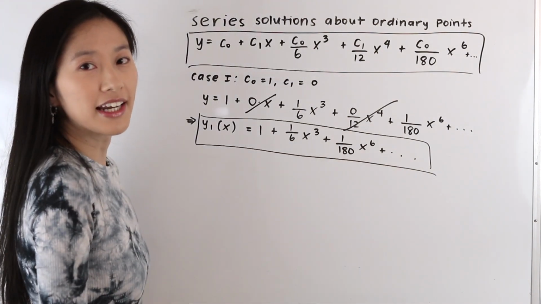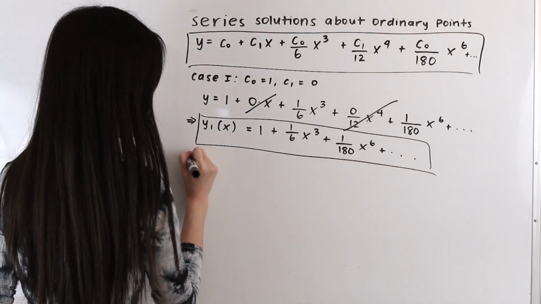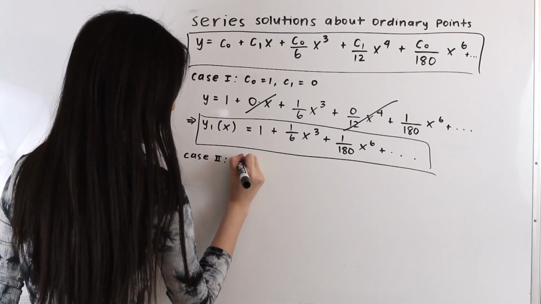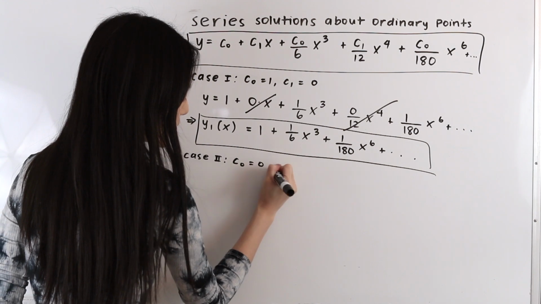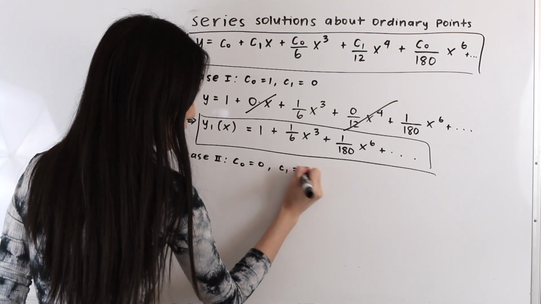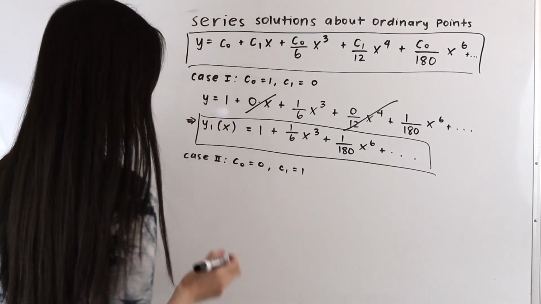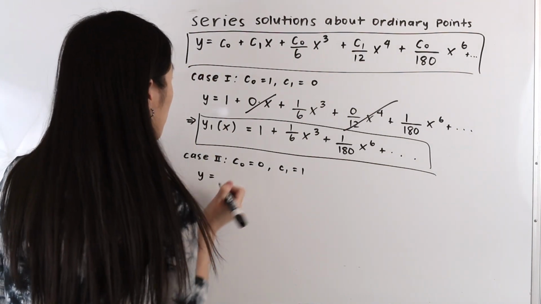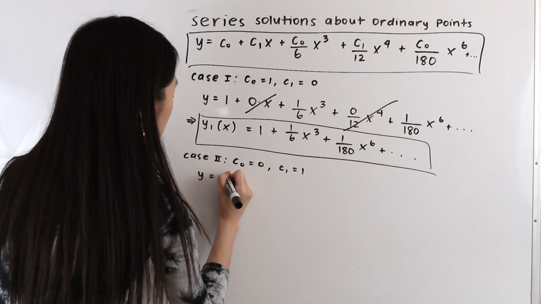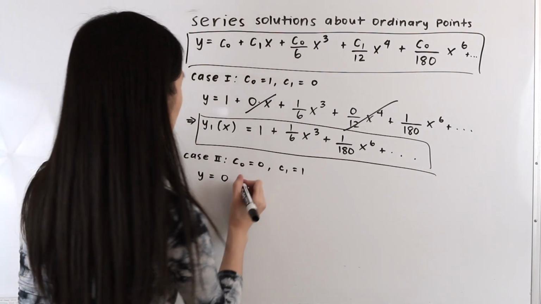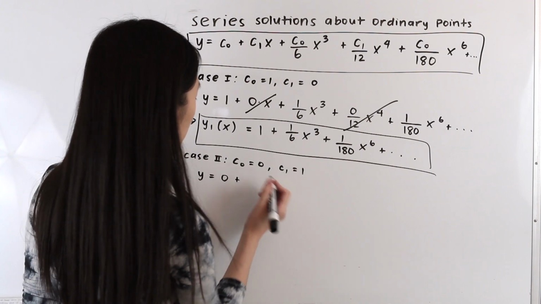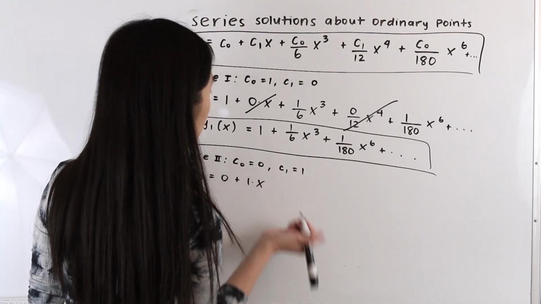And now let's go ahead and find our second series solution. So we have case 2. So c naught is equal to 0 and c1 is equal to 1. And so plugging this into y, we have y is equal to c naught, so c naught is equal to 0. And we have plus c1 times x, and so c1 is equal to 1, so we have 1 times x.